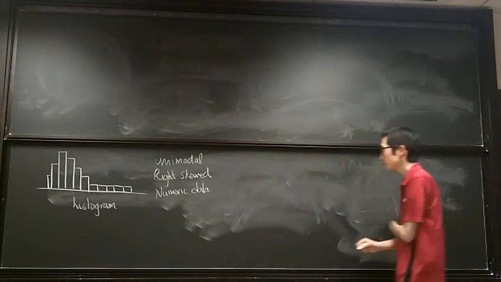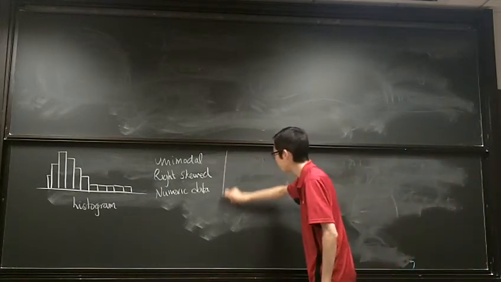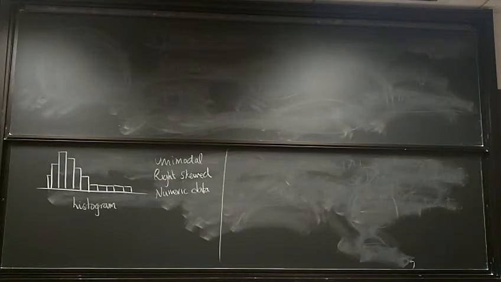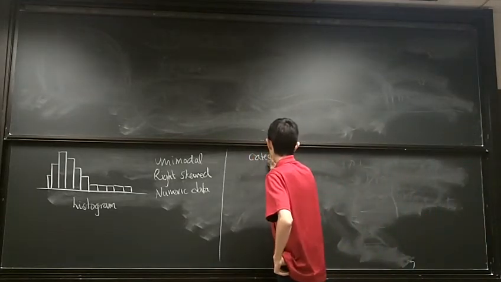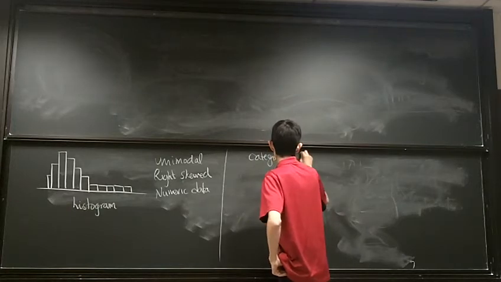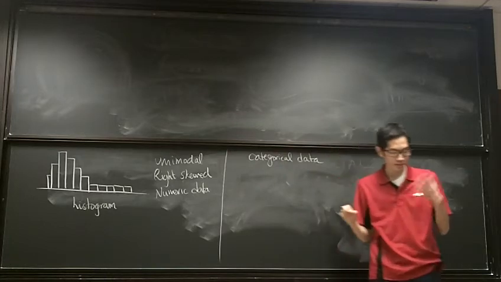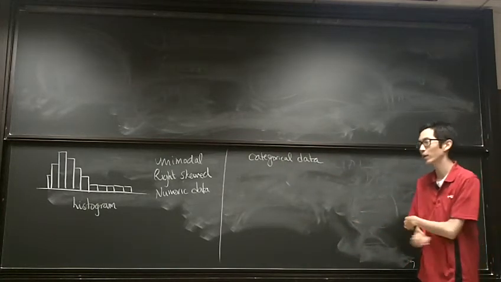Good. So we looked at histograms, and that's for numeric data. Categorical data can be summarized, and just think of what kind of graph we can use.